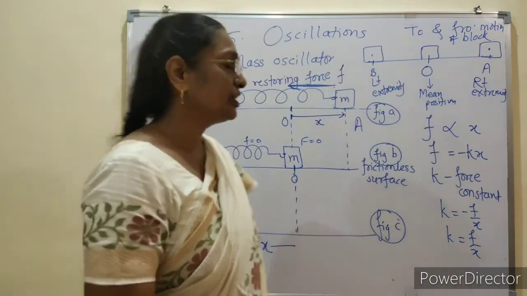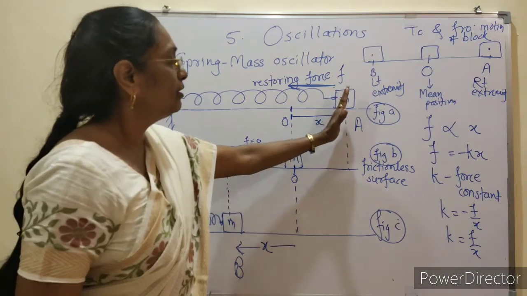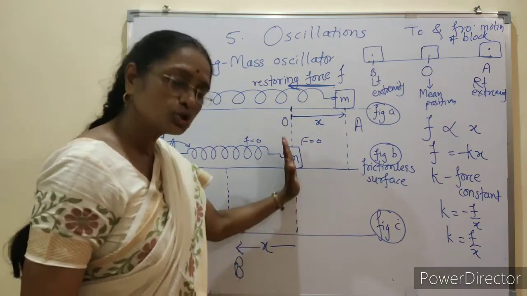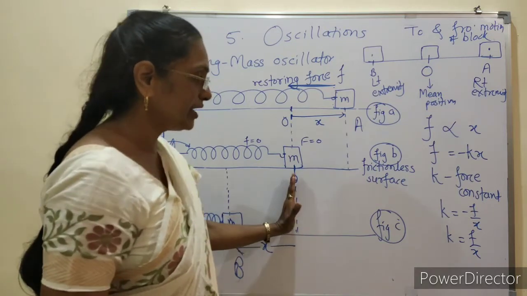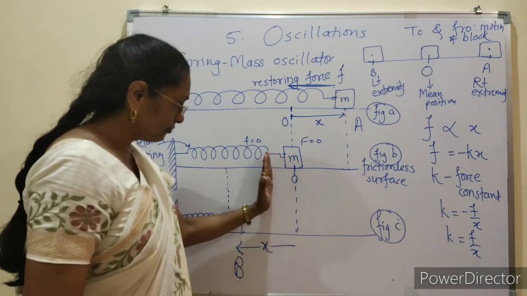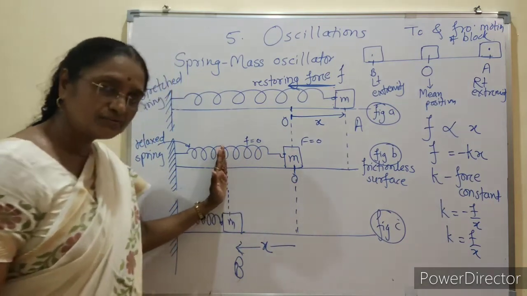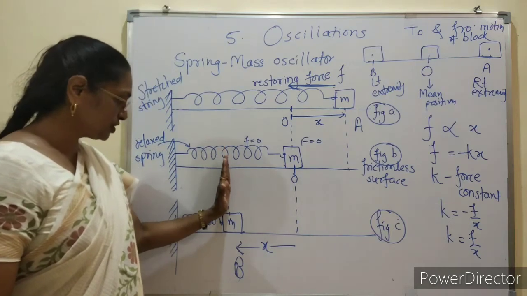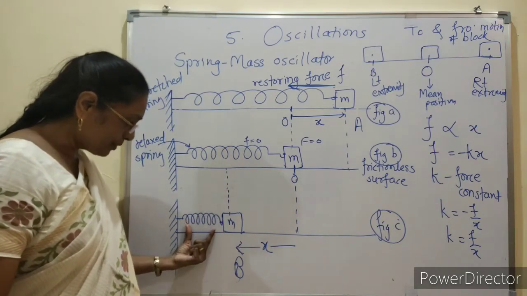Now the same is the case when this block moves from A to O. It does not stop here because kinetic energy becomes maximum at this O and it moves towards the left. In this case, the spring gets compressed.